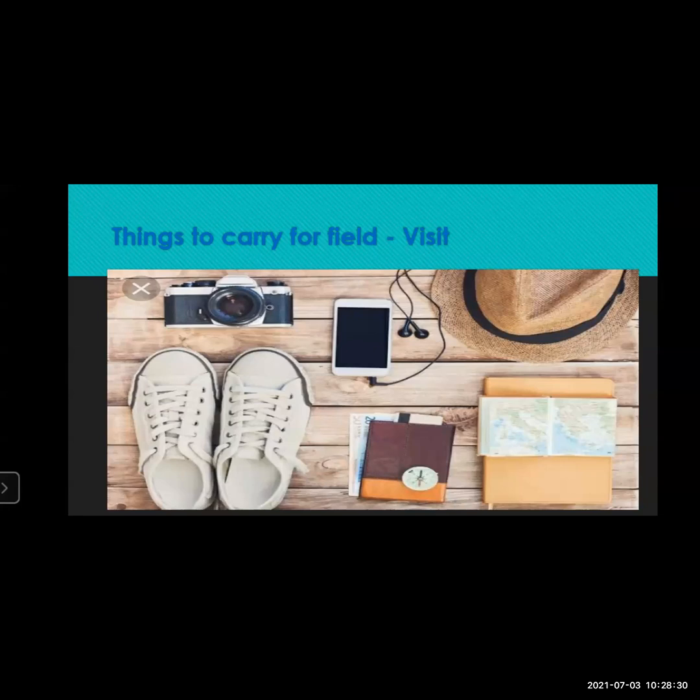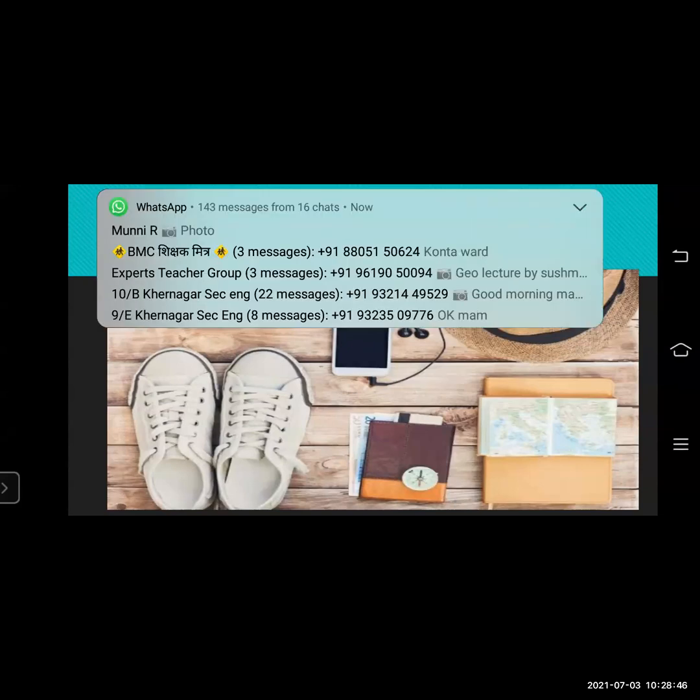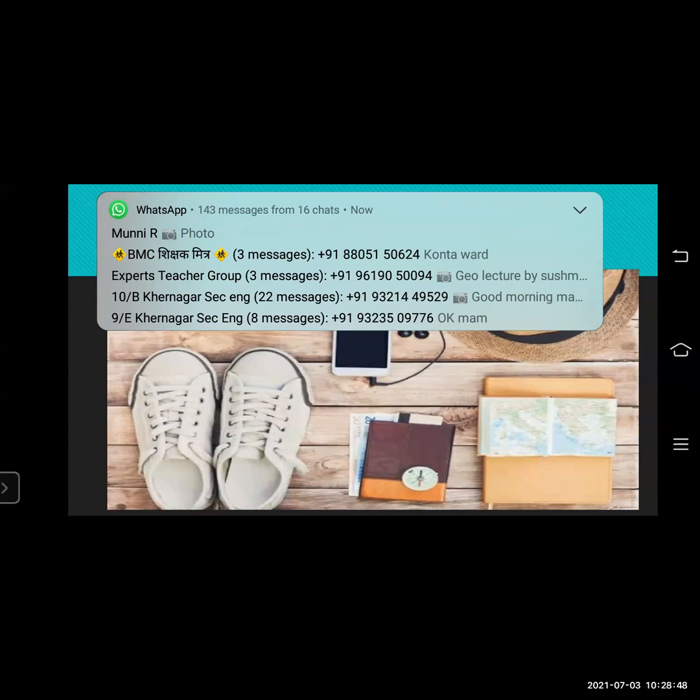Then a compass to know the direction, in which particular direction you are moving. Then a bag to collect samples, if you want to collect a sample of leaves, a sample of soil, samples of stones, shells.